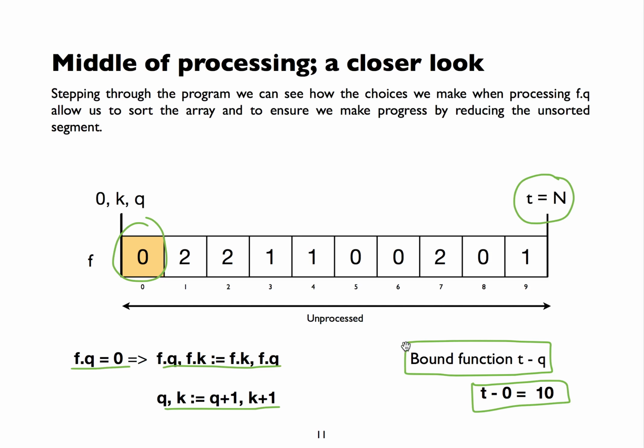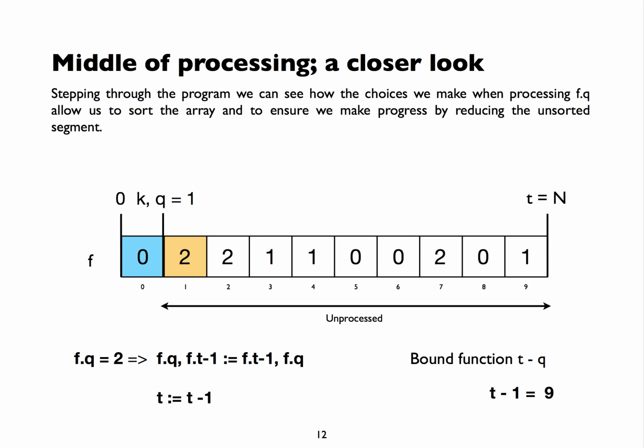And also you need to pay attention to the unprocessed segment. You'll see this unprocessed segment will shrink, and also the bound function will shrink. It will be a decreasing function. So as we step through this, we should be able to see that our array gets processed.